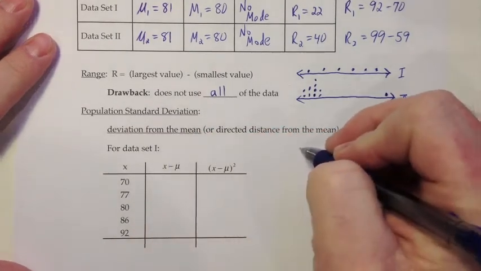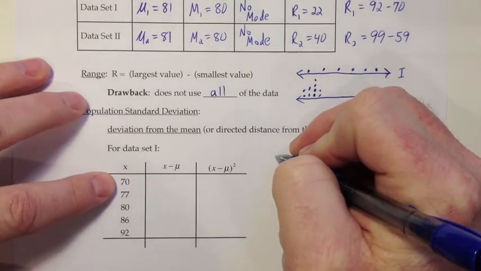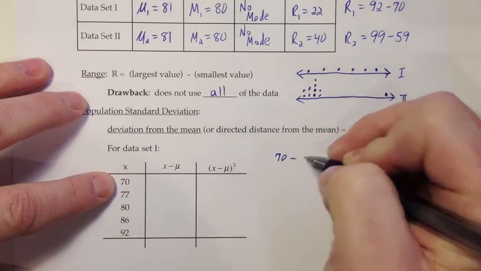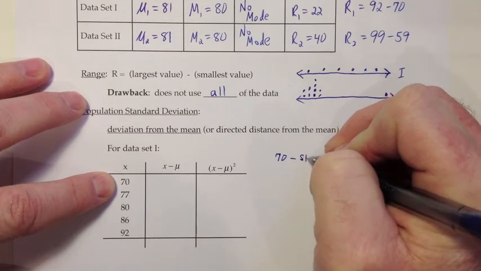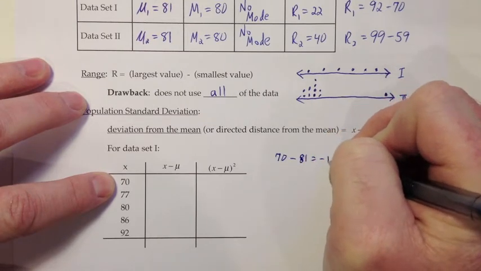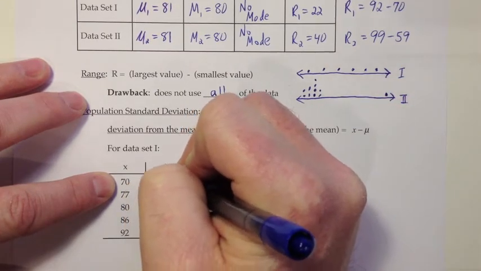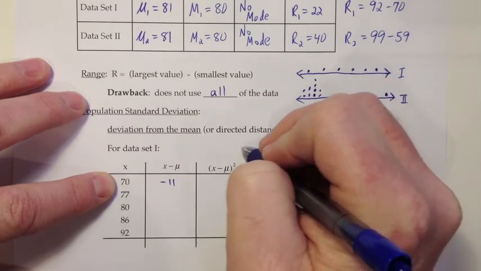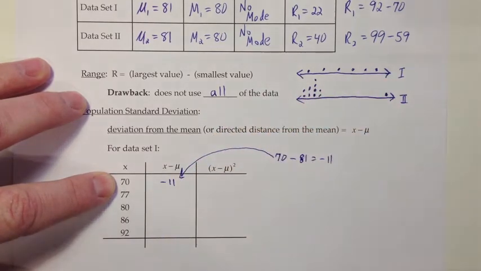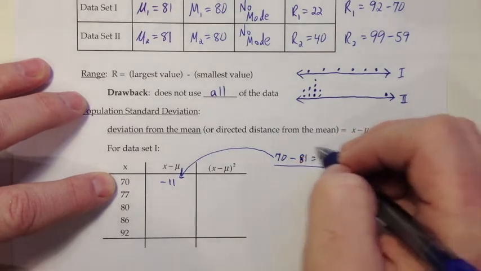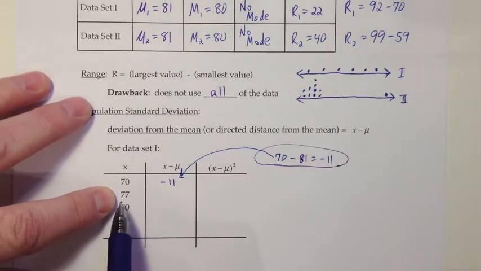So this first line, what I would be doing is the x, which is 70, minus the mean, which is 81, and I'd get negative 11 there, and that would go in this first spot. I don't want to show all that work in the table, it gets a little messy, but there's the first one.